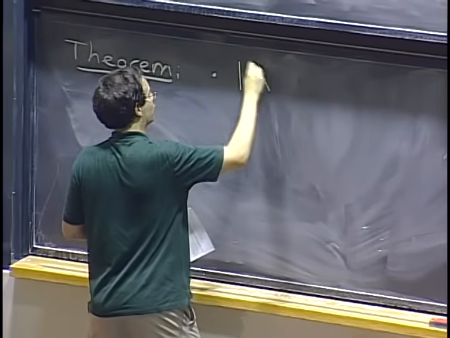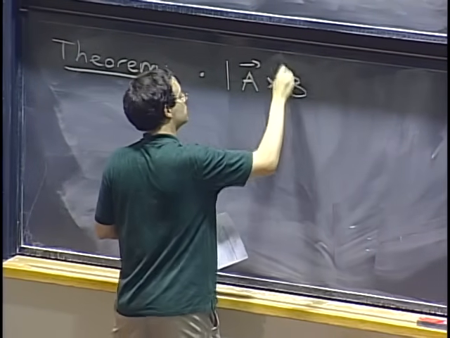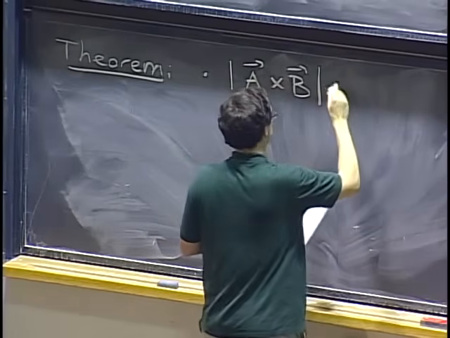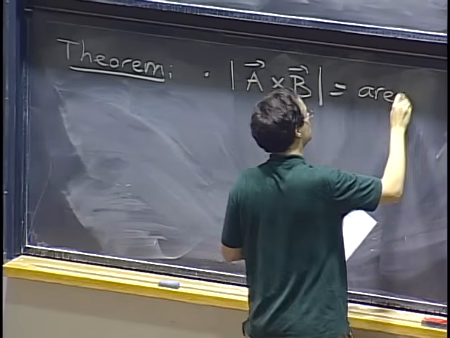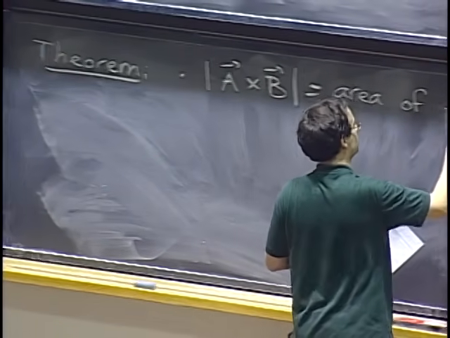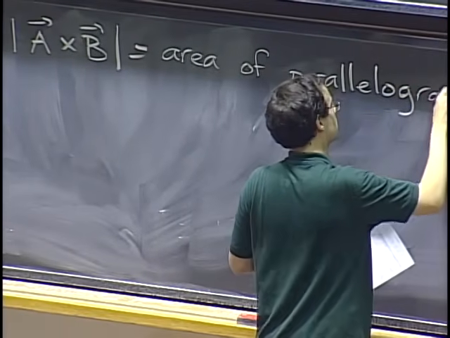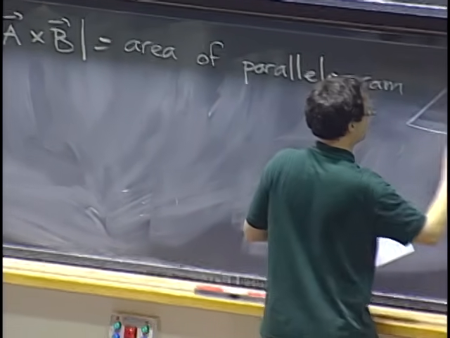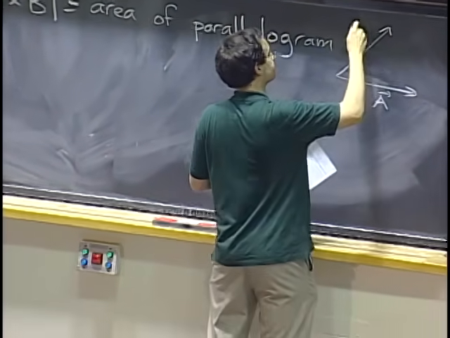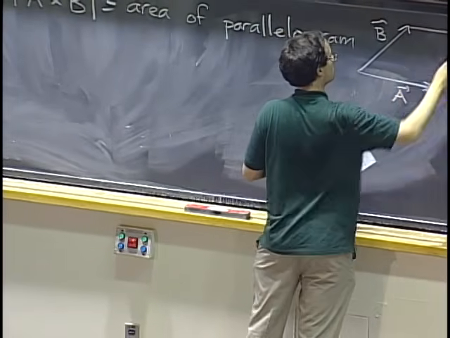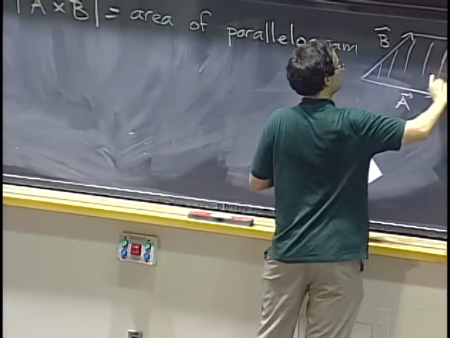The length of a cross product is the area of the parallelogram in space formed by the vectors A and B. Okay?